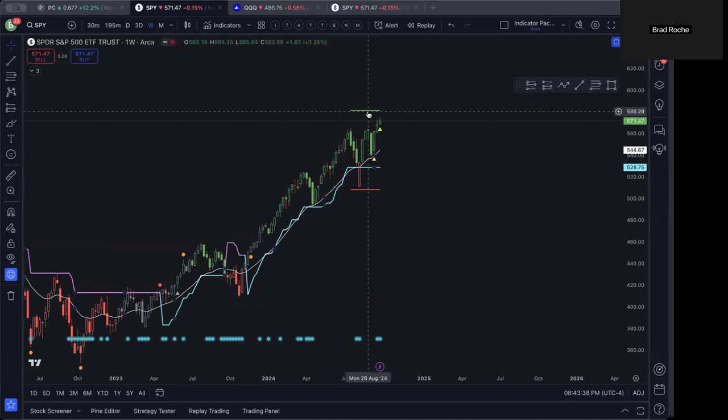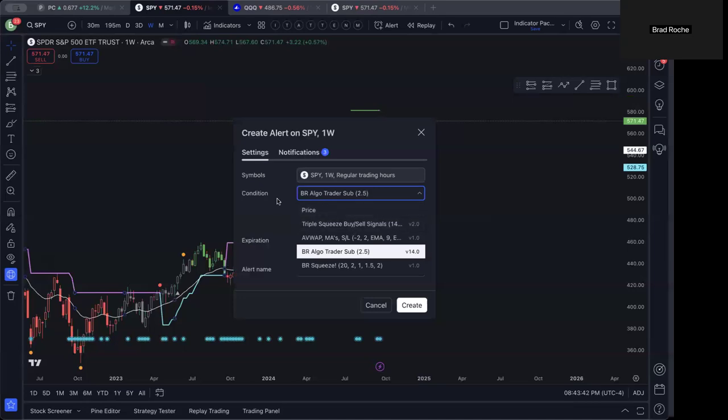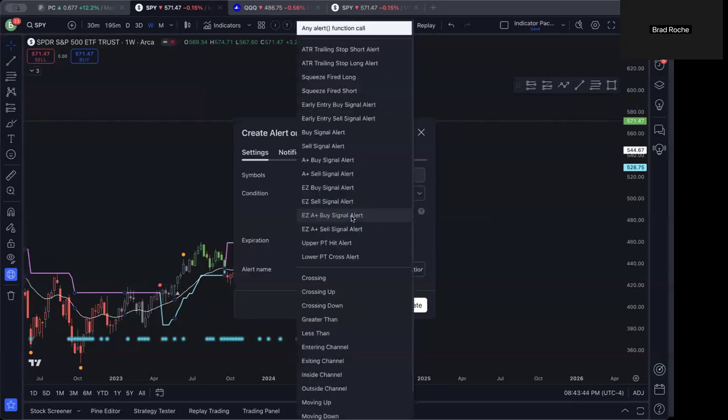And here's a pretty awesome part about it. If you click here, and let's say we want to add an alert, here's everything you can set alerts on. You can set alerts based on the stop loss indicator. You can set alerts if the squeeze is fired long or short.